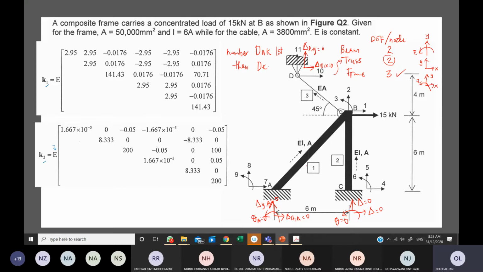So once we know that these displacements have known values, we name them later. You can see the known values, we have 4, 5, 6, 7, 8, 9, 10, and 11.